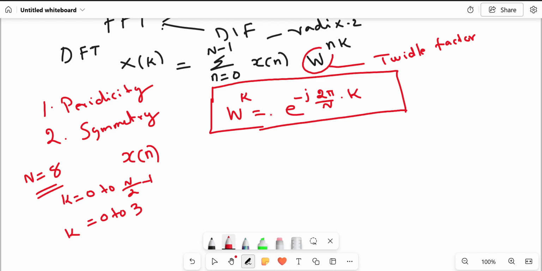So no need to discuss again the periodicity property and symmetry property. The symmetry property is W power k plus N by 2, which is equal to minus W power Nk. So this also plays a vital role.